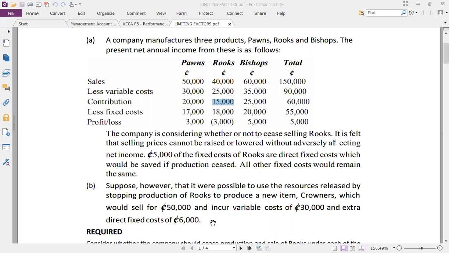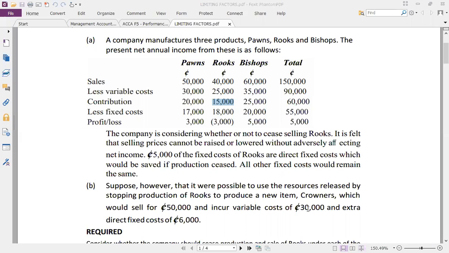If we shut down and it will be profit, why not? We shut down right now. Good. So let's look at this. It seems like there's an additional gain, right? They will sell it for 50 and a variable cost of 30, so an additional contribution of 20,000, with a direct fixed cost of 6,000.